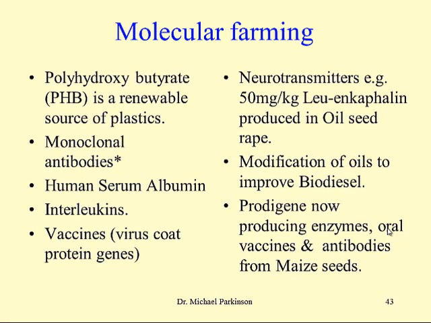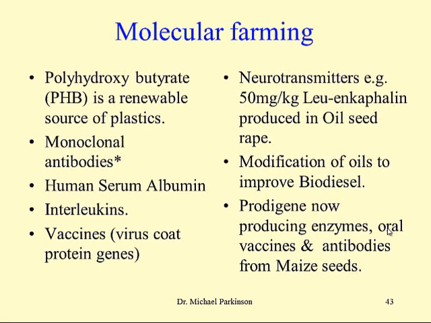And a company called Prodigene is now producing enzymes, oral vaccines and antibodies from maize seeds. One of the problems that you have in producing single proteins for molecular farming is that they get degraded in the cell.